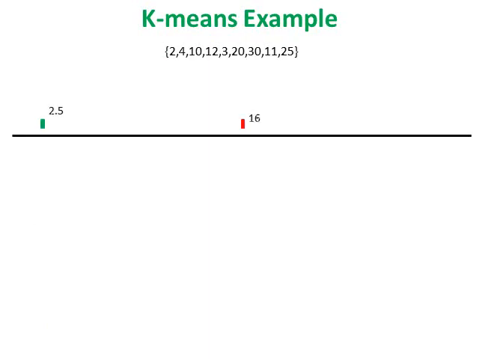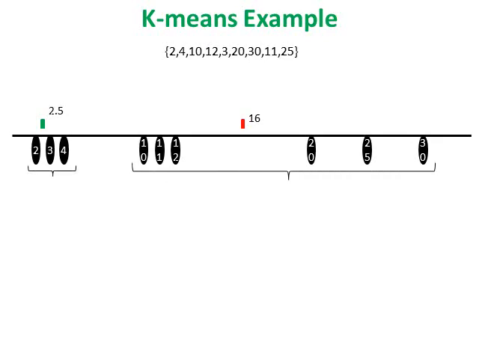Using the new cluster centers, the objects are redistributed to the clusters based on which cluster center is nearest. Here 2, 3 and 4 form one cluster with center 2.5. Remaining all data objects form another cluster with center 16.